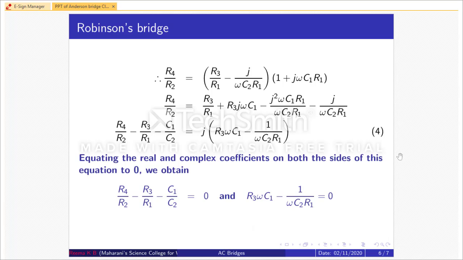Equating the real and imaginary coefficients on both sides of the equation to 0, we obtain R4 by R2 minus R3 by R1 minus C1 by C2 is equal to 0 and R3 omega C1 minus 1 by omega C2 R1 is equal to 0. Therefore, R4 by R2 is equal to R3 by R1 plus C1 by C2, and omega square is equal to 1 by R1 times R3 into C1 times C2.